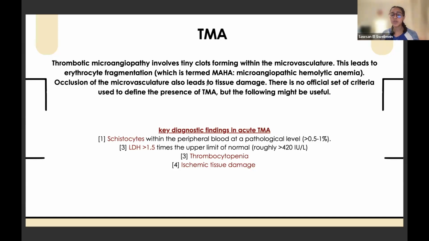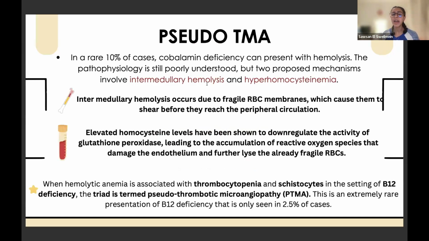However, talking about pseudo TMA, usually we hear that B12 deficiency can present with a hemolysis or hemolytic anemia. And why is that? The pathophysiology includes intramedullary hemolysis, and another theory concerning the presence of hyperhomocysteinemia. For the intramedullary hemolysis, in cases of ineffective erythropoiesis and B12 deficiency, the RBC's membrane is fragile.